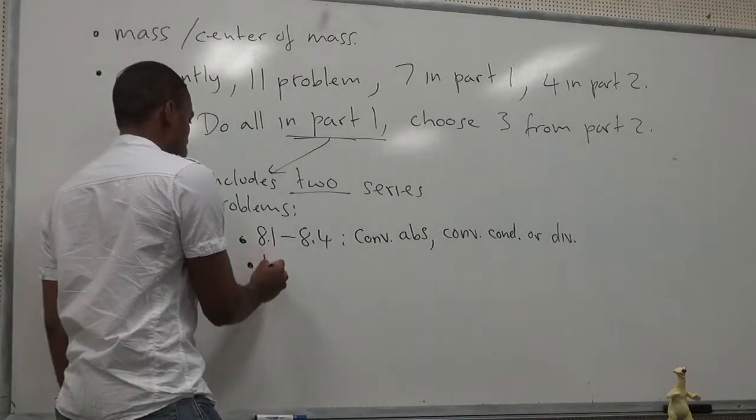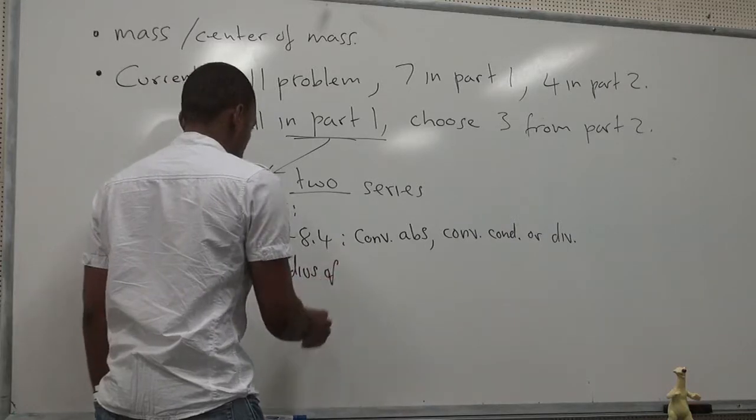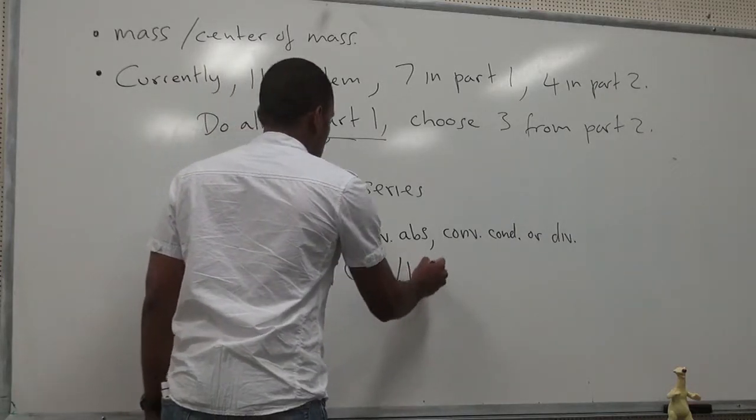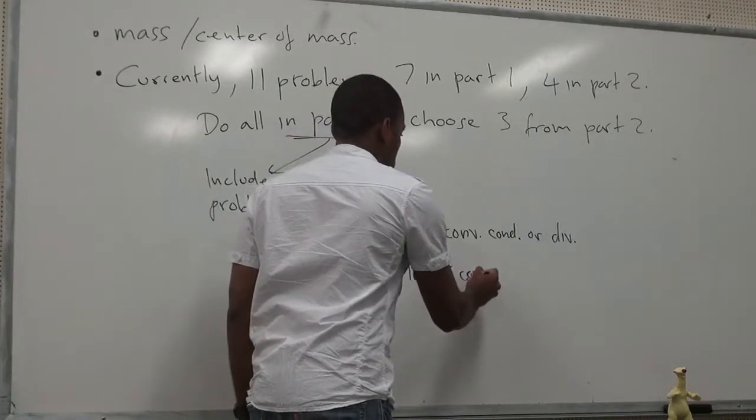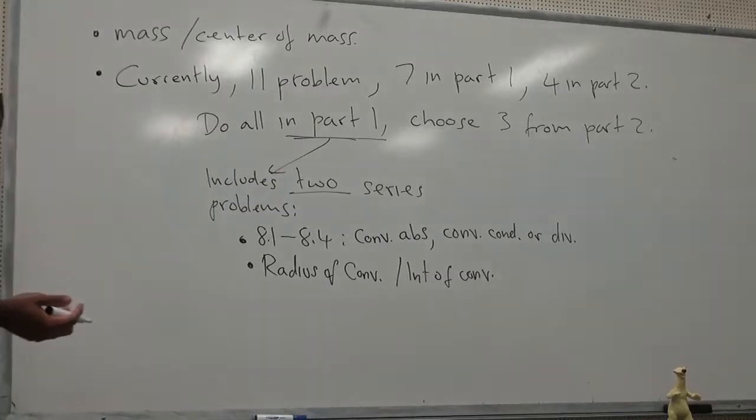And there's a radius of convergence, interval of convergence. But remember, that's just applying the ratio test. You always do the ratio test. Let's see, what else?